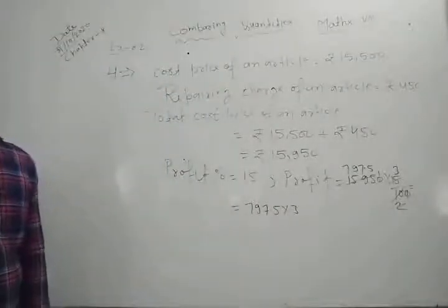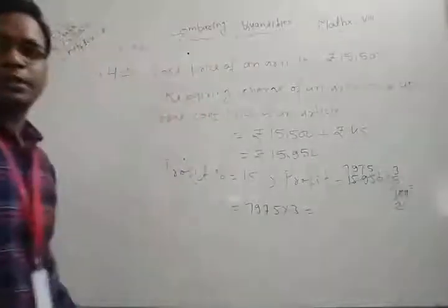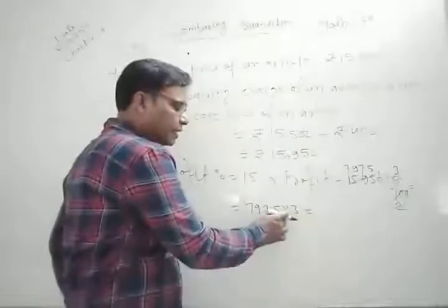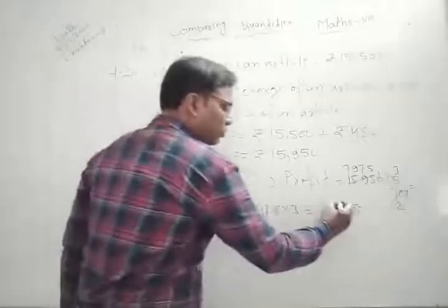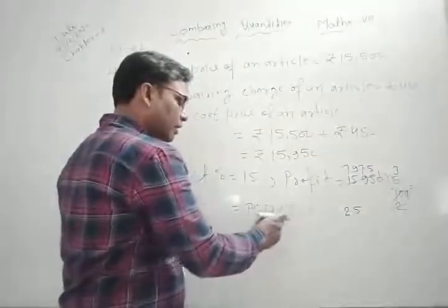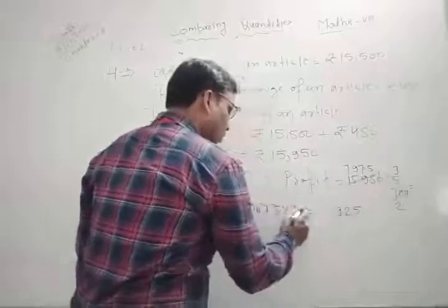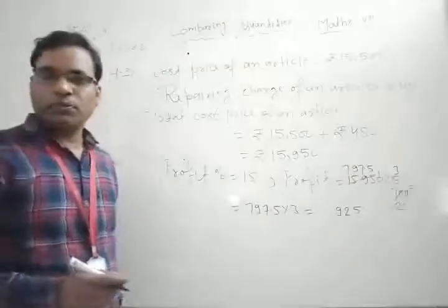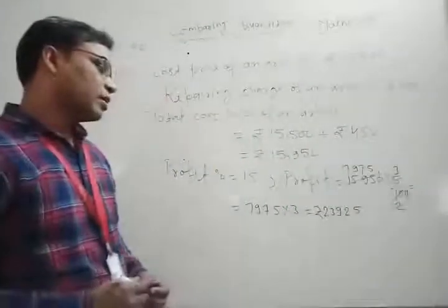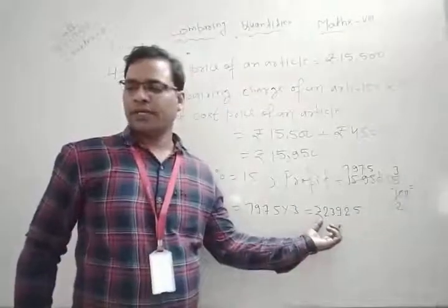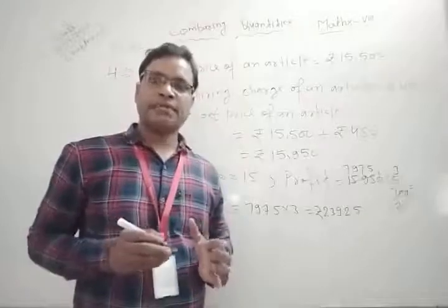Multiplying: 5 threes are 15, write 5 carry 1; 7 threes are 21, 21 plus 1, 22, carry 2; 9 threes are 27, 27 plus 2, 29, carry 2; 7 threes are 21, and 21 plus 2 is 23. So we find our profit is 2392.5.